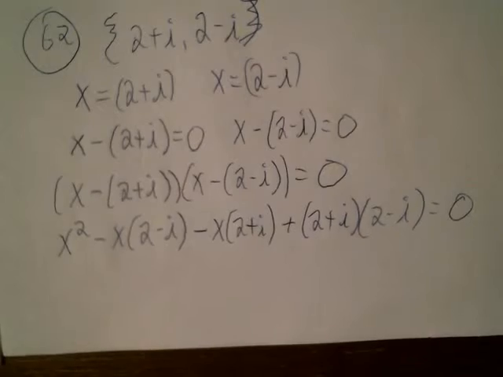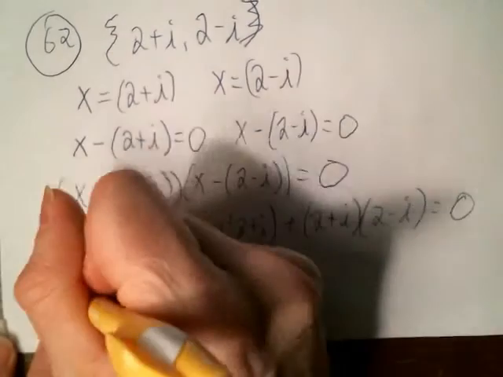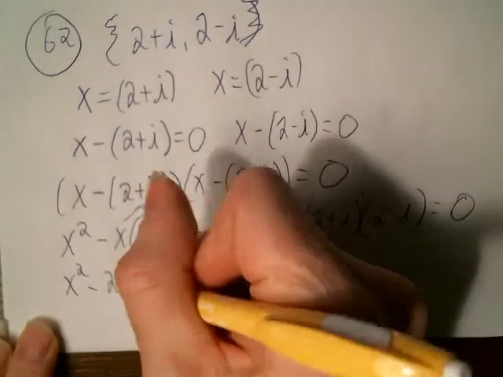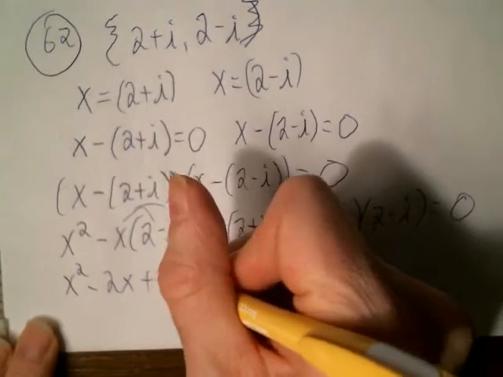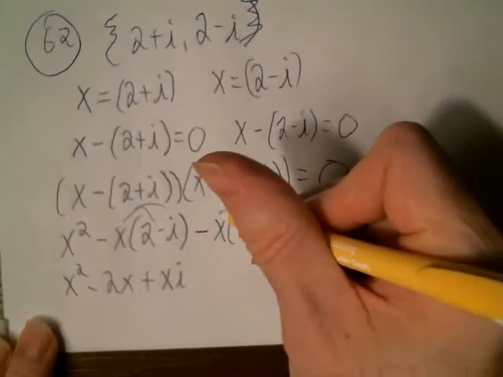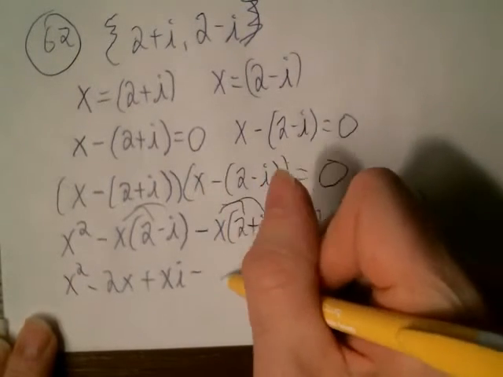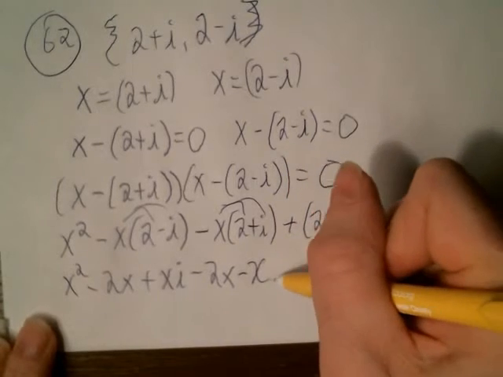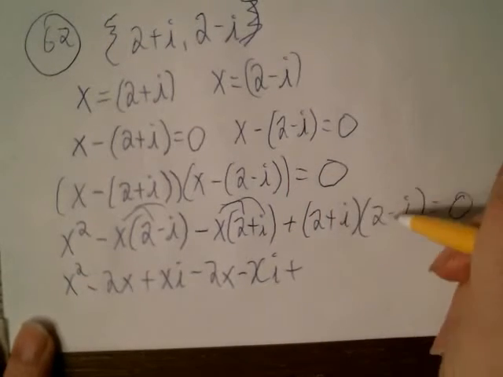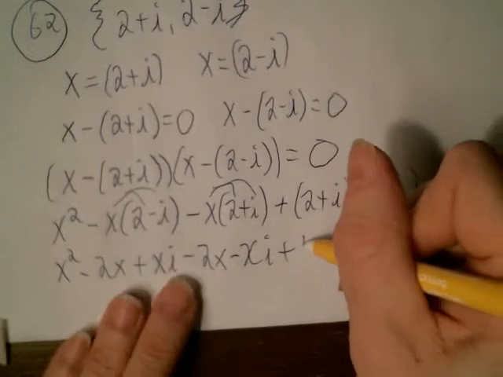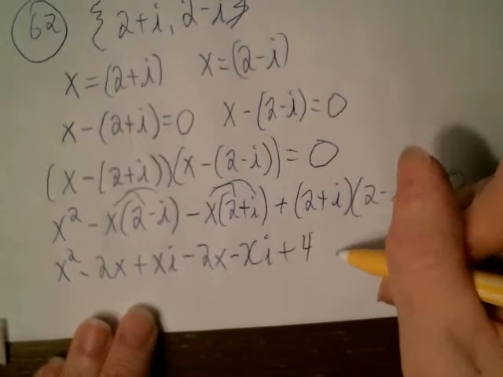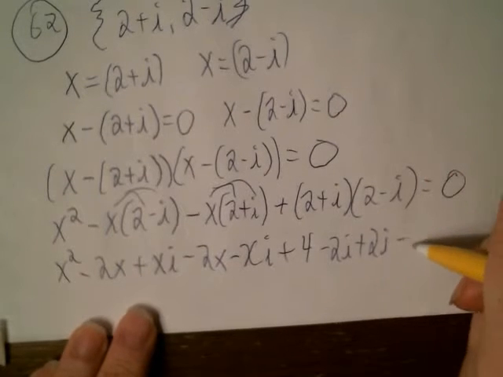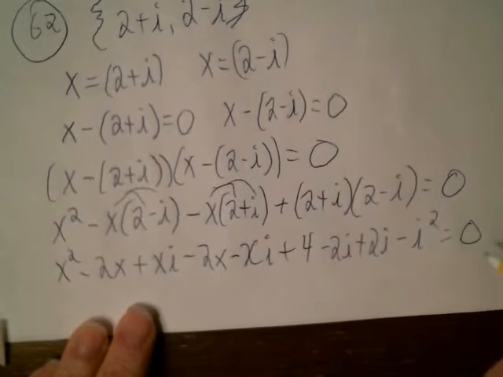So that'll be x squared minus, distributing the x, 2x plus xi, and then here distributing the x, minus 2x minus xi, and then finally FOILing this guy, so I'll have 4 minus 2i plus 2i, and then minus i squared.